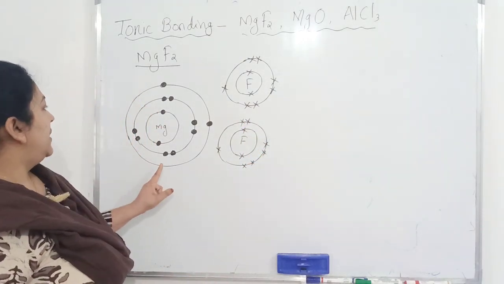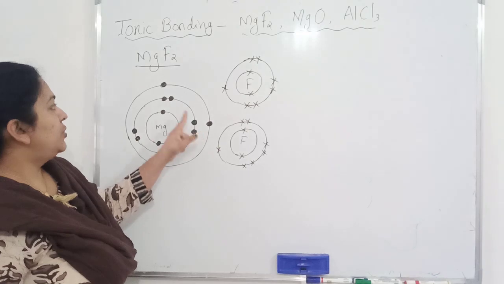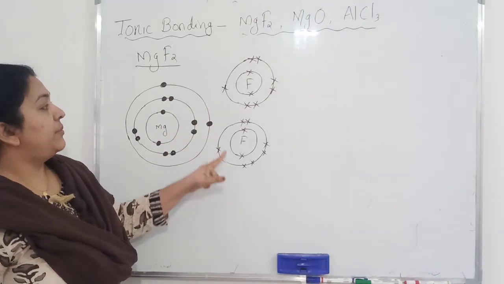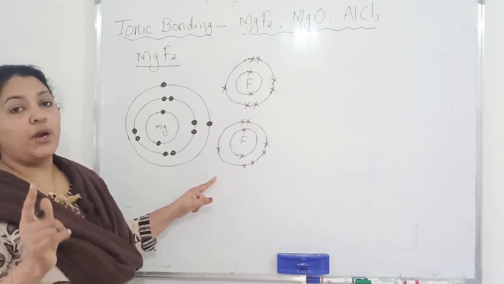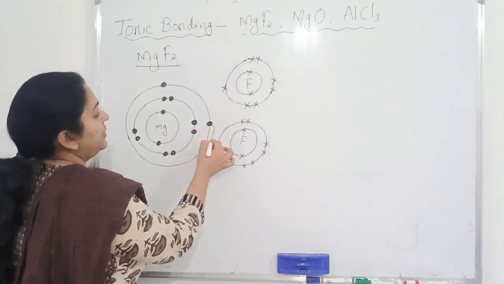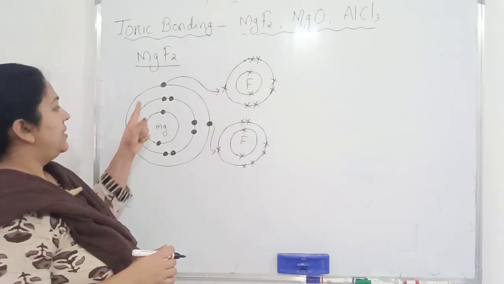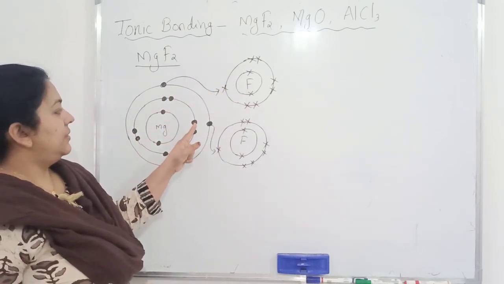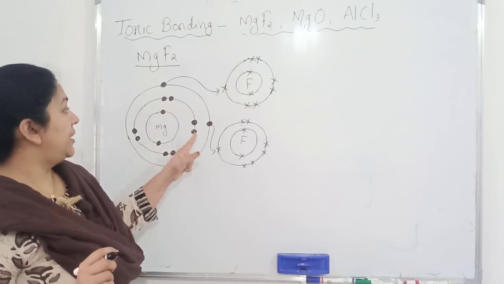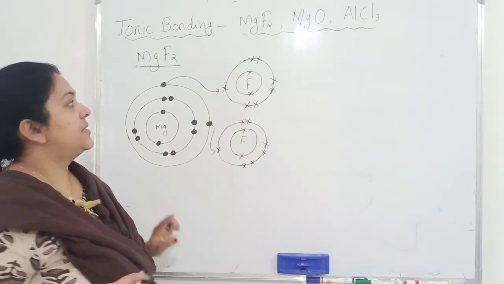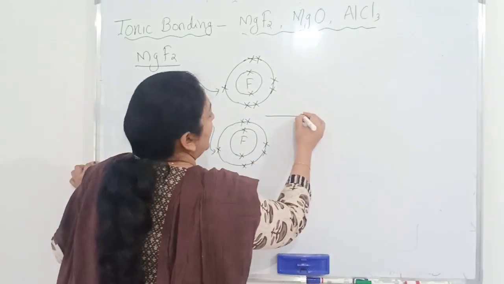Okay, now in the magnesium atom 2 electrons are ready to be donated, and each fluorine atom is looking for one more electron. Right, so here this is the way. Okay, so each electron from magnesium will go to the 2 fluorine atoms. So this is the resultant diagram.